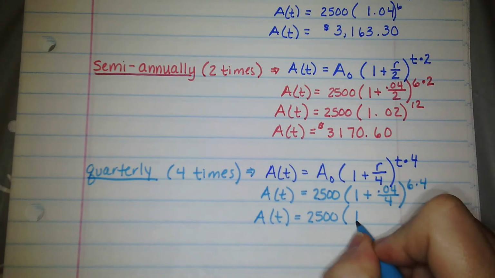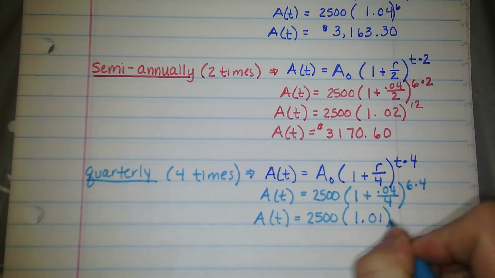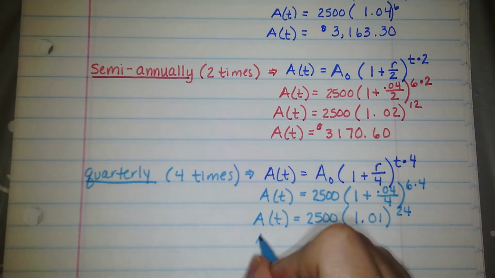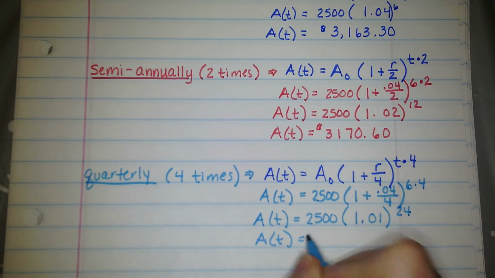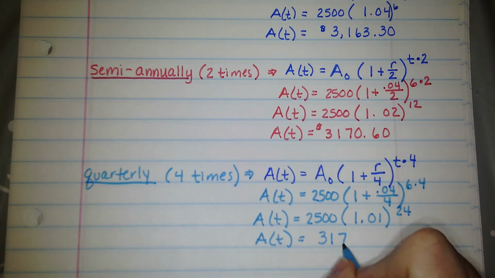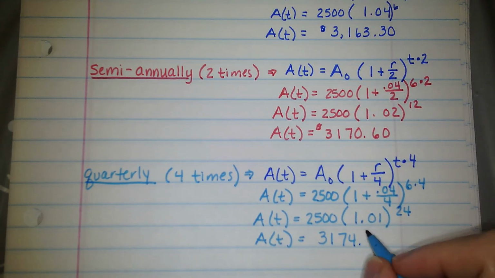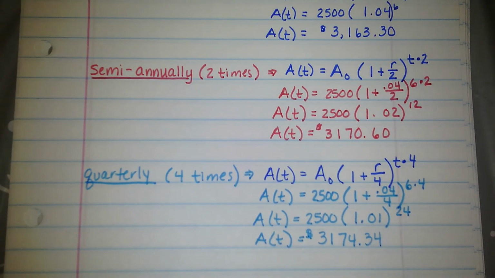So that's 1.01. And now we'll see what this one becomes. 2,500, 1.01, raised to the 24th power. $3,174.34. So I'm just typing this into the calculator.